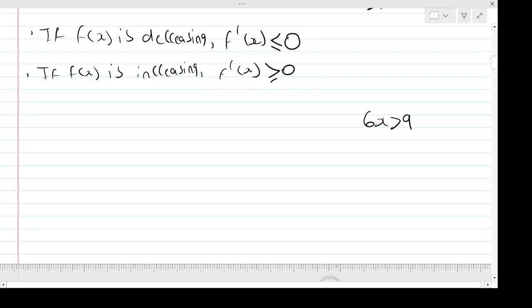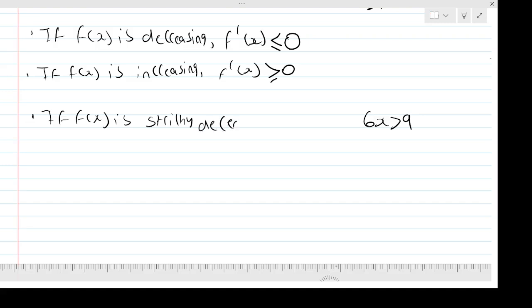We can also say if f of x is strictly decreasing, which means we strictly want the curve to keep going down. We don't want it to level off. We don't want the gradient to go to 0. We don't want it to stay where it is. If we want it to just keep going down and down without any sort of stopping, then it's strictly decreasing.